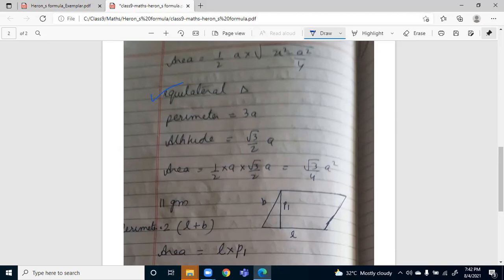So if it is written for the equilateral triangle, we can do the parallelogram.